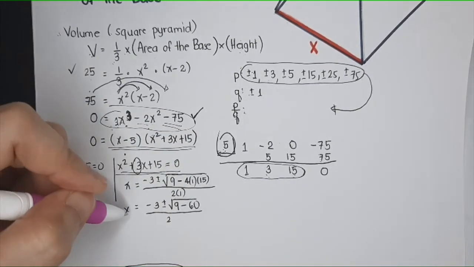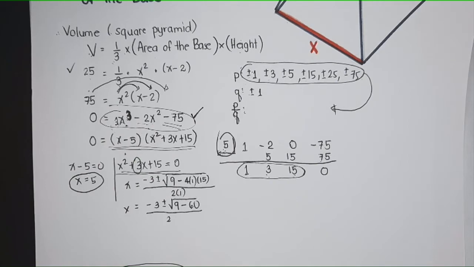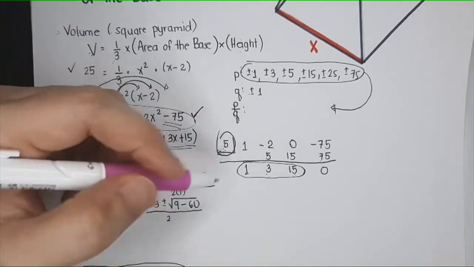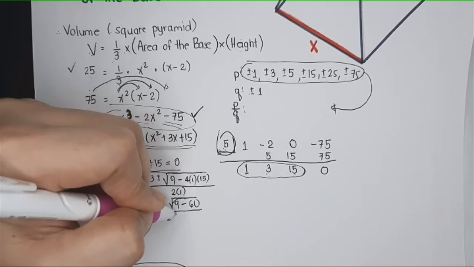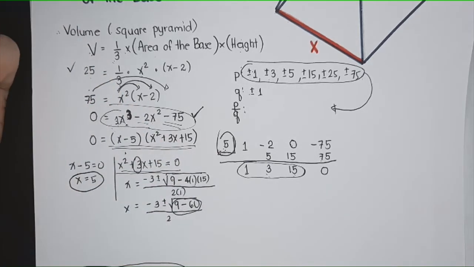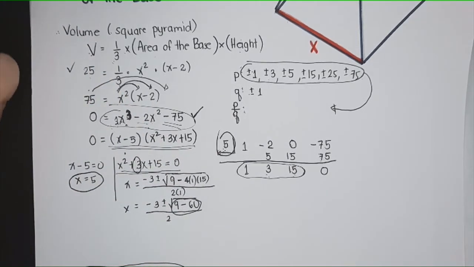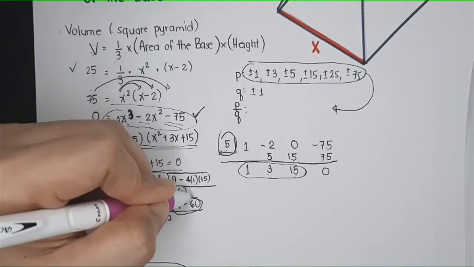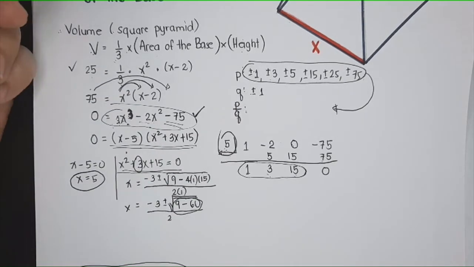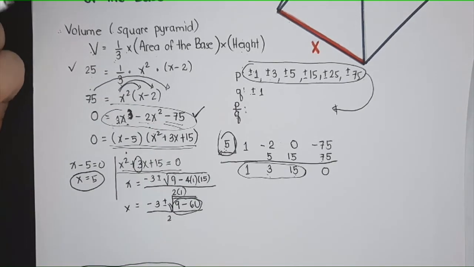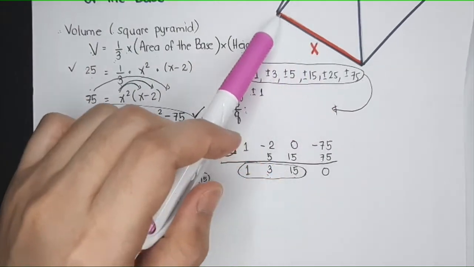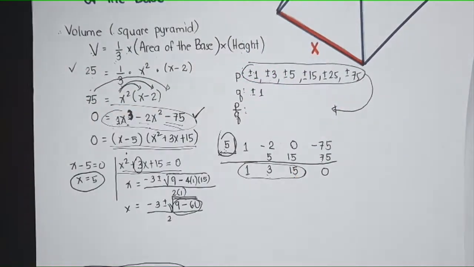So, hindi na natin to isi-simplify. Why? Because, clearly, tingnan nyo to, 9 minus 60 is a negative number. Ang square root ng isang negative number is imaginary. So, hindi naman tayo pwedeng magkaroon ng length na imaginary.